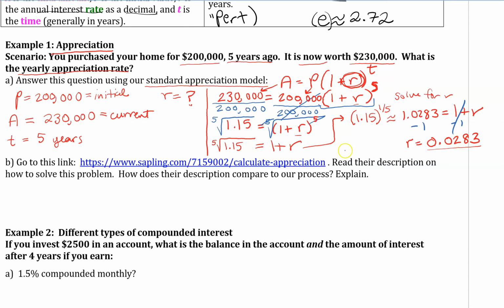So I could then say that that annual interest rate or appreciation rate as a percent would be 2.83%. So it's appreciating at about 2.83% per year approximately, right? Because we just kind of looked at growth over 5 years. We looked at it as more of an average rate of change over 5 years. It looks like it's appreciating at about this percent on average per year, 2.83%.